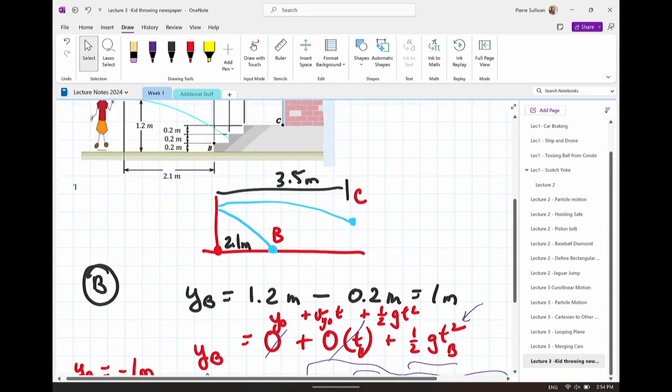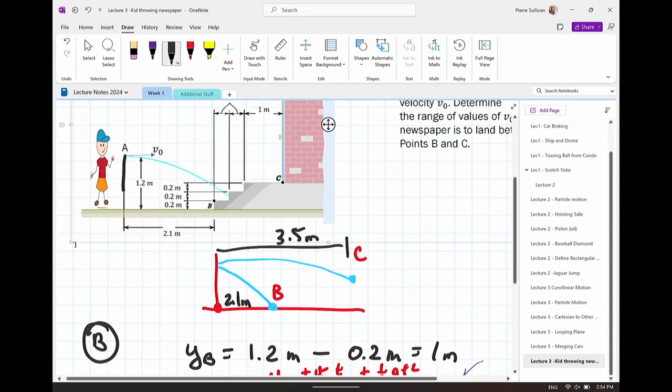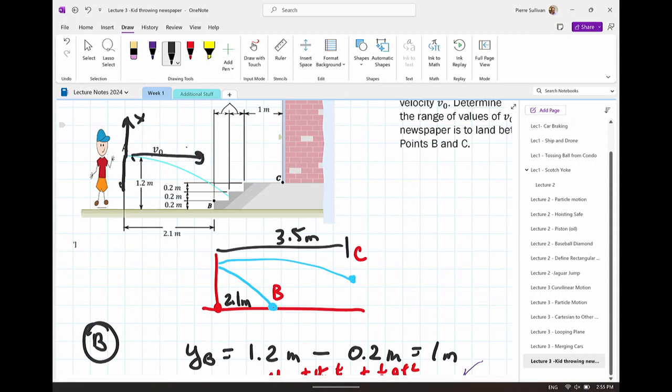And maybe, to make this a little bit better, x and 1.